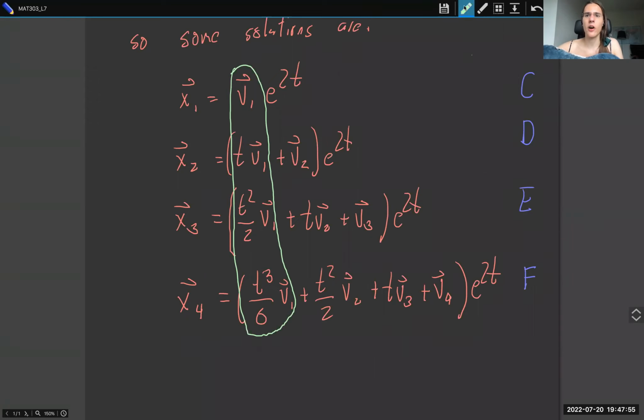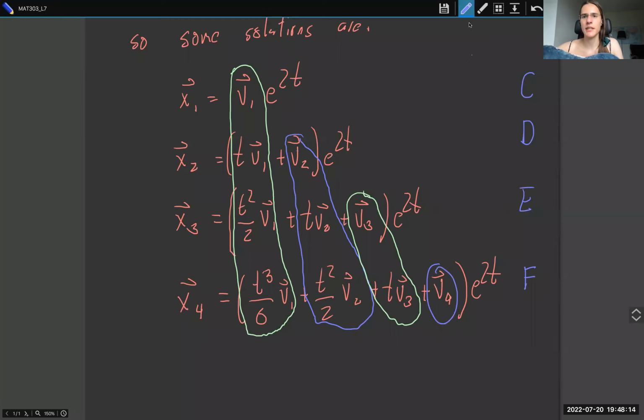Then these are the things that contribute to the second position, right? Then these are going to be the things that contribute to the third position. And then the fourth position is just going to be this.